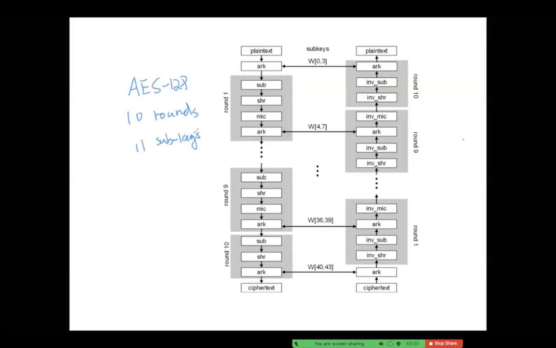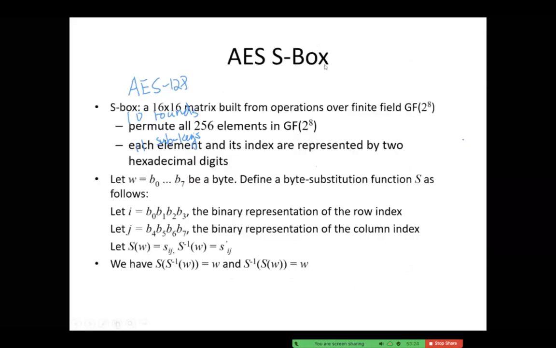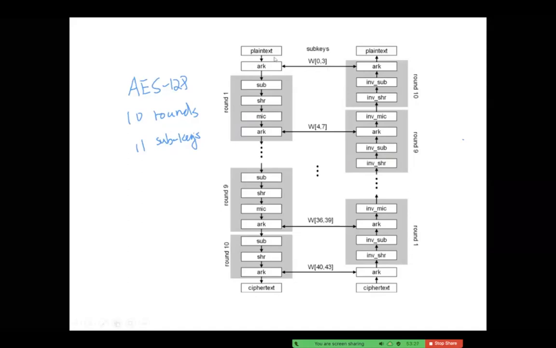All right, so we got 11 subkeys. And so your plain text comes in, you first use the first subkey to produce some kind of confusion, and then the output of this is going to be the input of round 1.